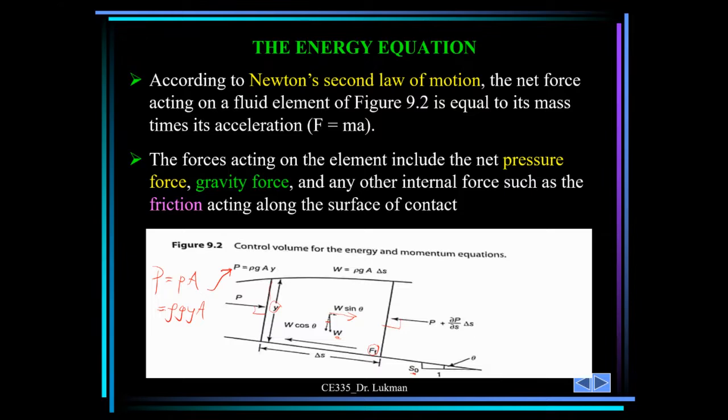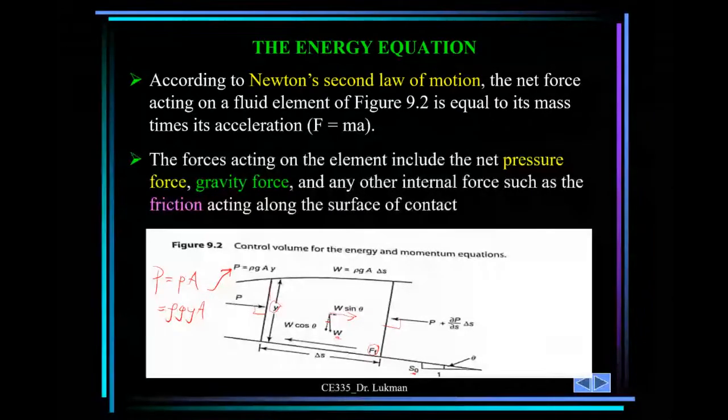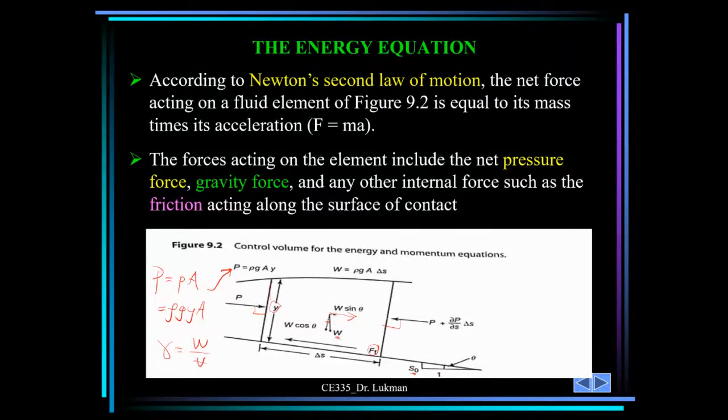And what about the weight? If we go by the definition of unit weight, gamma, it is simply weight divided by volume. So weight is the unit weight times the volume, and unit weight is given by rho g.